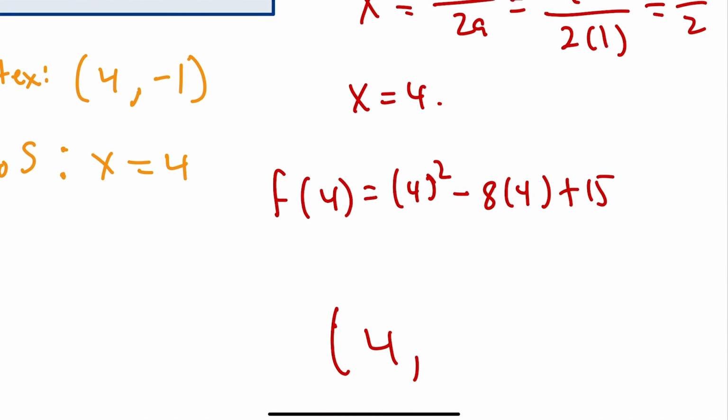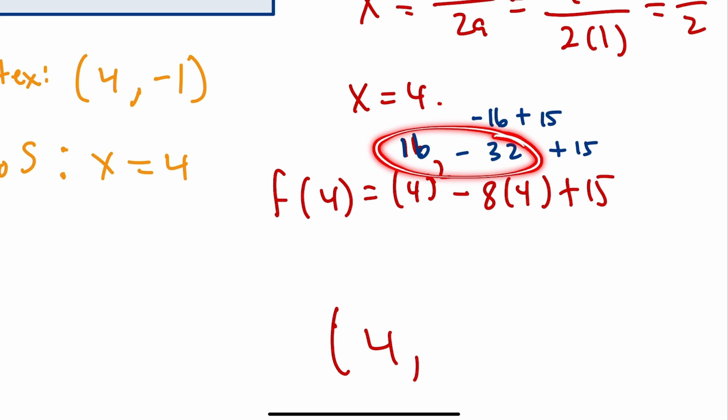So what do we get? 16 minus 32 plus 15. 16 minus 32, that's half of that, because 16 is half of 32. So if we do the math just there, that's -16 plus 15. Once again, this yielded -16 and then plus 15. That's going to give us 1.